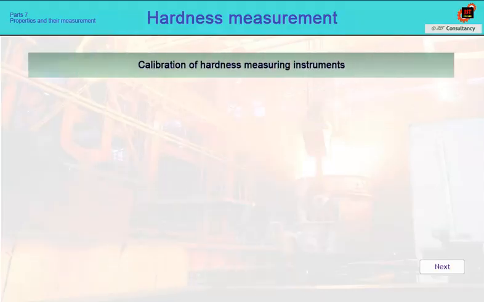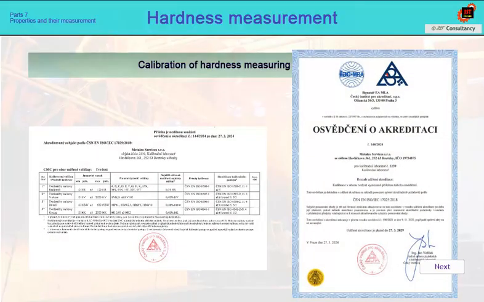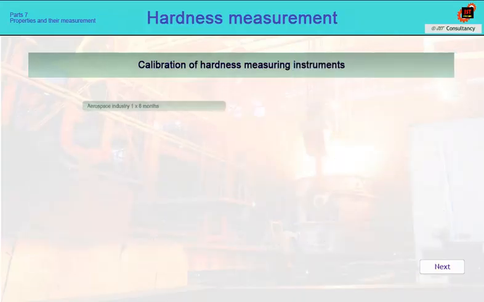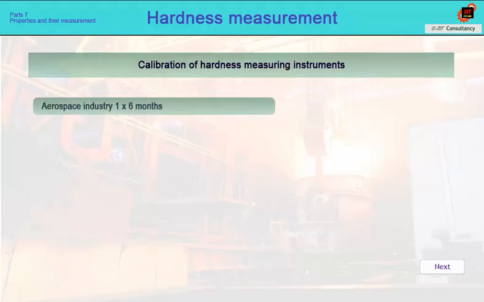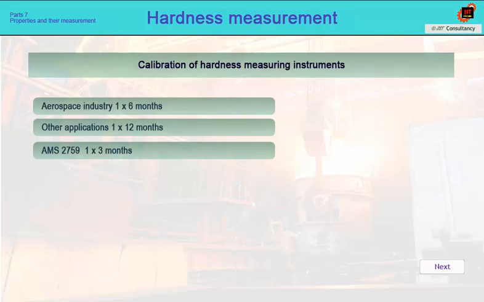What do all methods have in common? First of all, the calibration of the instruments. All hardness testers must be periodically linked to a higher standard and calibrated. For the aerospace industry, every 6 months, once a year for other applications, and once every 3 months if the operation operates according to AMS 2759, which is an American standard called Heat Treatment of Steel Parts, General Requirements.